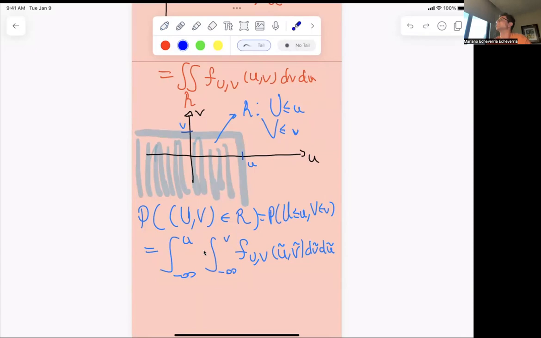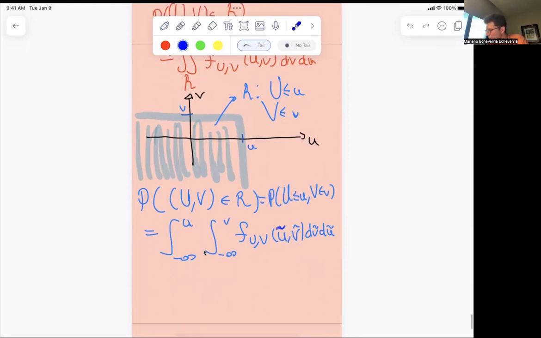The thing is that it's more of an aesthetic thing. Since you're already using U and V as the bounds, it is not convenient to put the same letter for the variable of integration. You could have called this T and S or something else. It can get confusing. So I'm calling this U tilde, V tilde, just to remind you that it's related to the U variable and the V variable, but I'm avoiding using the same exact letter.